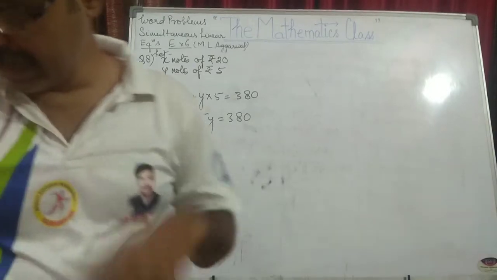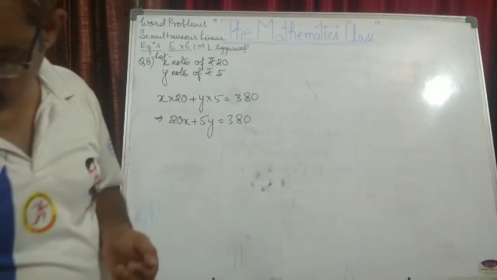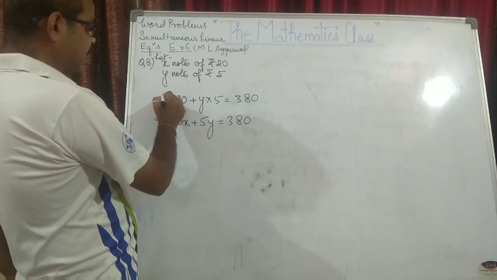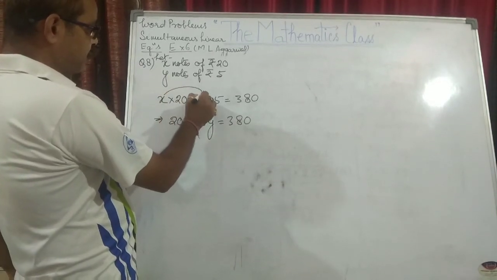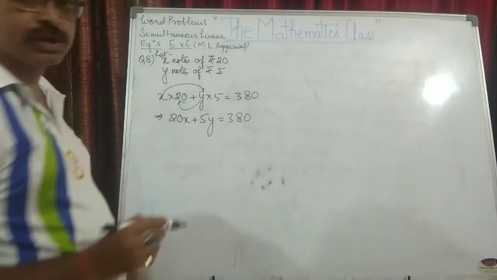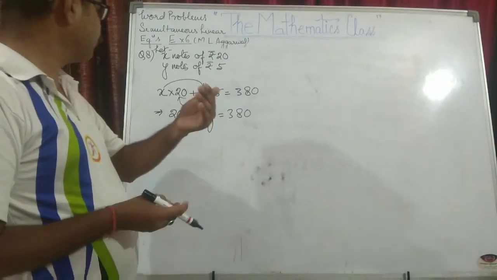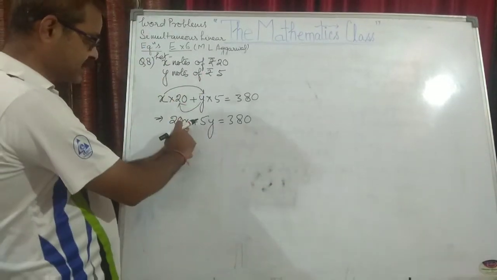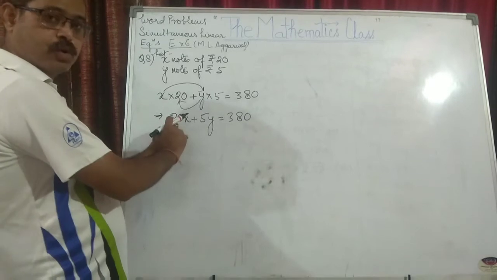Next statement they say, if the number of notes of each kind is interchanged, meaning x is now of rupees 5 notes and y is now rupees 20 notes, so x goes to y and y goes to x.